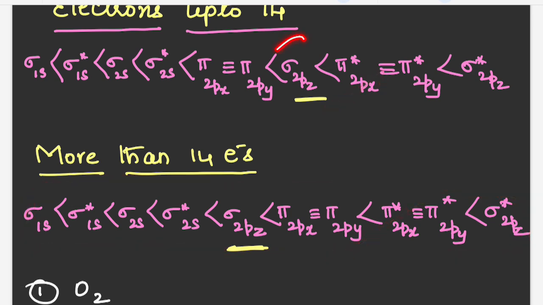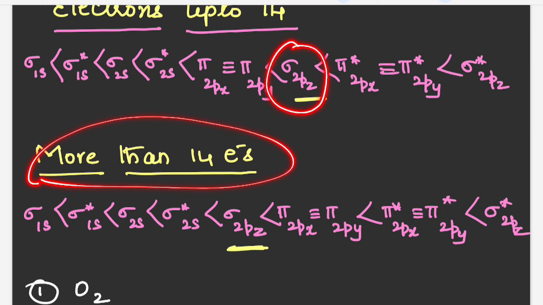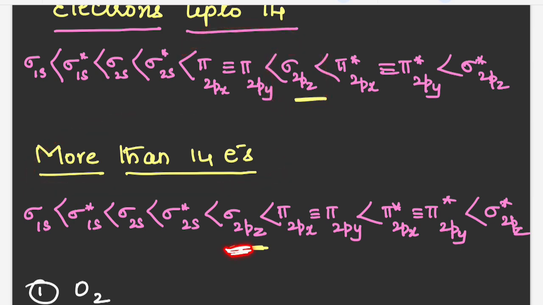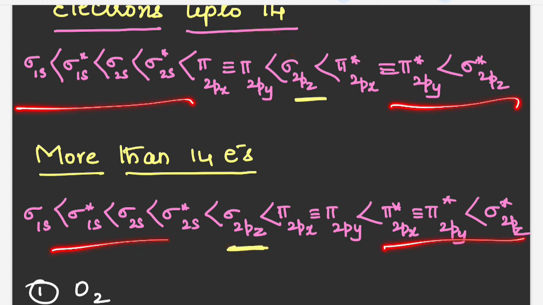Here you can see sigma 2pz will come after pi 2px and pi 2py. Whereas in the second case, it is shifted to the front. Can you see, this is coming before pi 2px and 2py. Here it is after. So this is the only difference. Remaining everything will be the same.